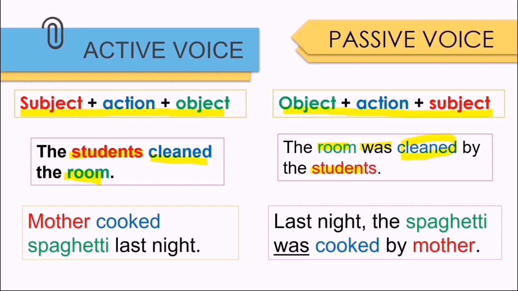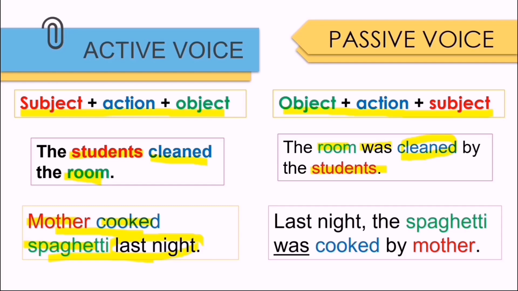Another example. Mother cooked spaghetti last night. So our sentence also is in the simple past form of the verb. Our subject is mother, cooked is our action, and spaghetti is our object. When we transform this into the passive voice, it looks like this.